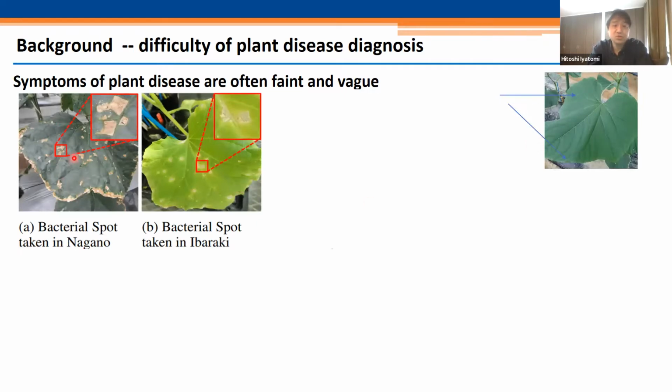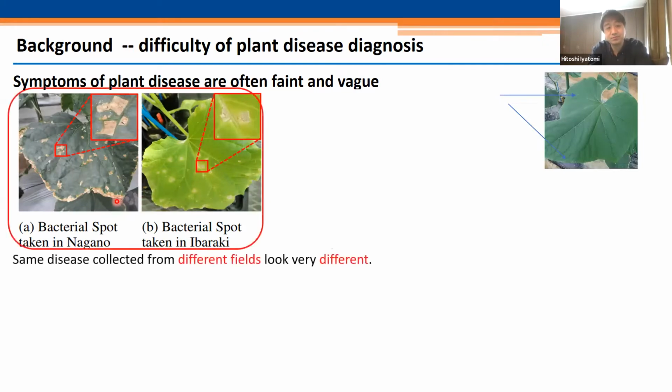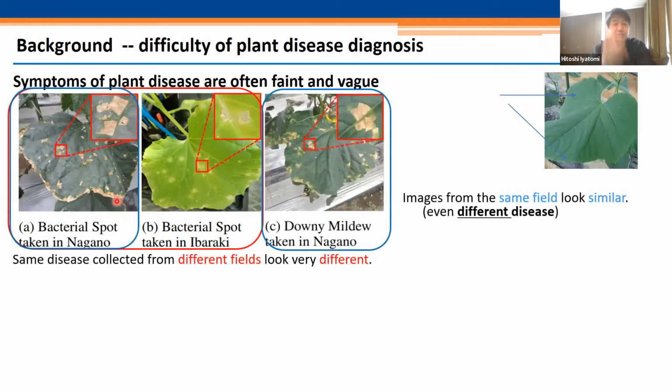Those two images are cucumber leaves infected with the same disease and collected from different farms. You can see those two look very different. On the other hand, this image was collected from the same farm, but infected with a different disease. You can see those two are quite similar.